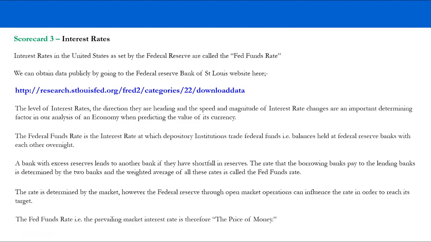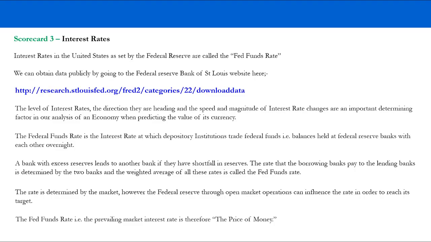So when we're analyzing interest rates as one of our drivers, we always have to keep this in the back of our minds, as in that it's a price of money as set by the market rate, and a rate at which the Federal Reserve wishes interest rates to be and manipulates them to be. And also on top of that, the definition of the price of money, as in the price at which money is borrowed and lent.